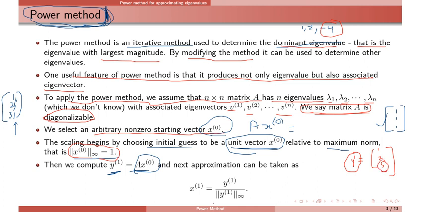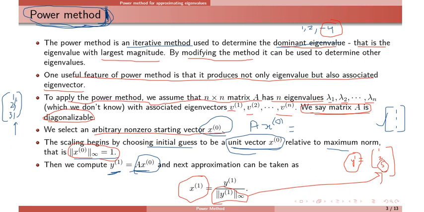So divide by the norm of y1. What is the norm of y1? The largest value of y1, as you can see here. This is 5. So divide y1 by the norm, that is the maximum value of the vector, and denote this by x1.